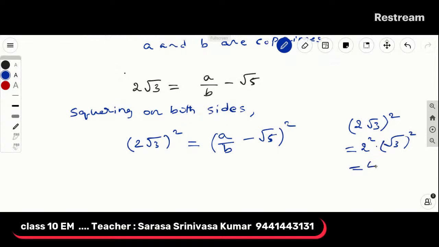This is equal to 4 multiplied by (square root of 3) whole square. Square root of 3 whole square is 3, so we get this is equal to 12. On the left hand side we can write 12.